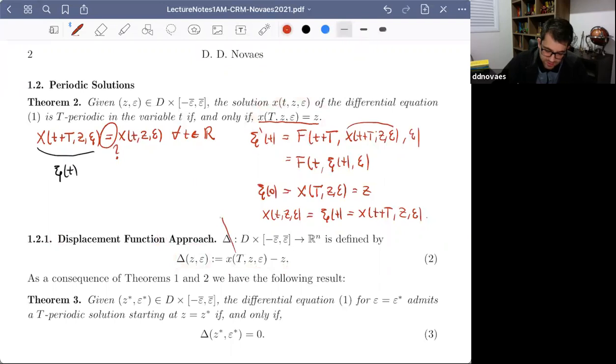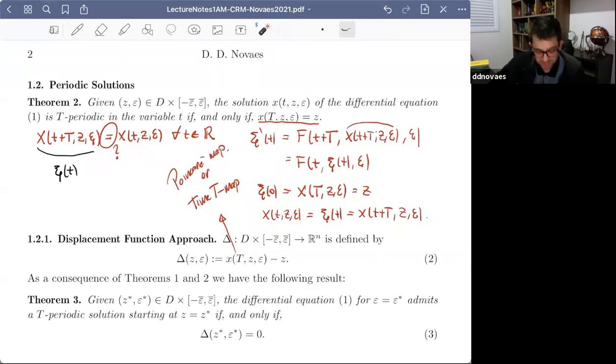This map is called the time T map, or in some places it can also be called the Poincaré map. So the displacement function is defined as x(T, z, epsilon) minus z.